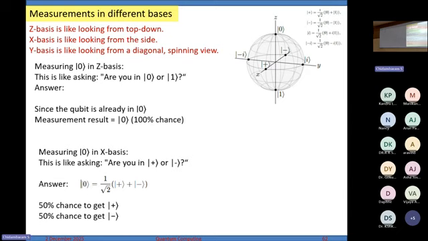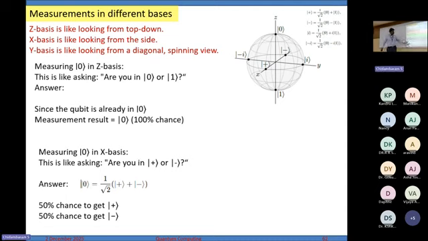If I apply Hadamard, what should I get? When I apply Hadamard over 0, what I get is this. You are asking the question, am I in plus or minus.